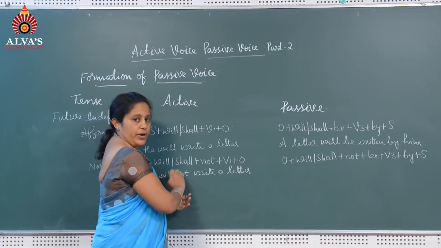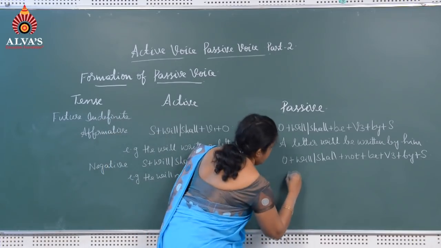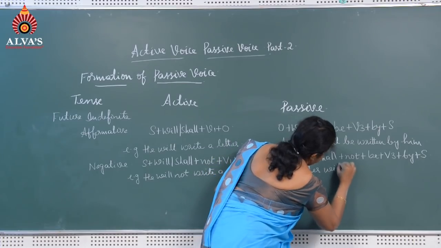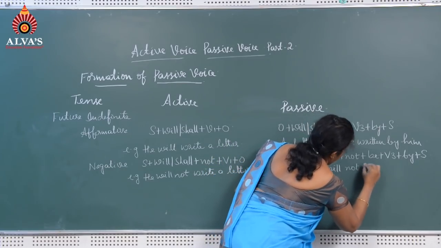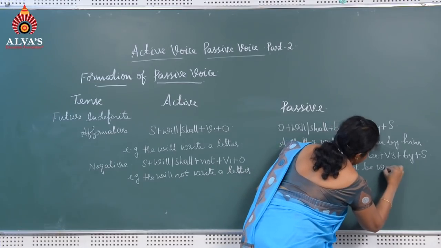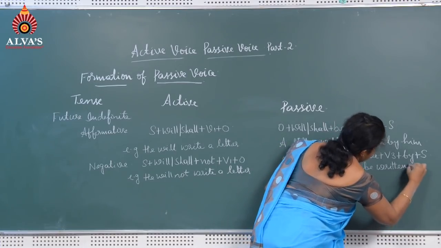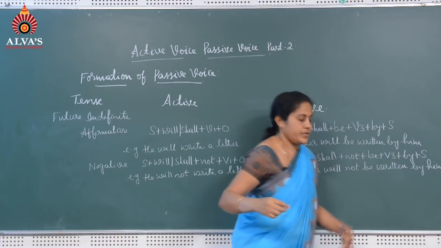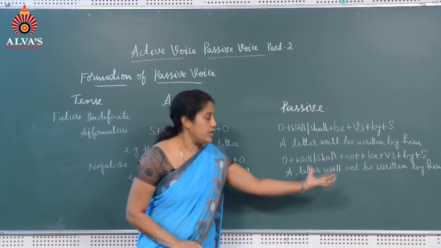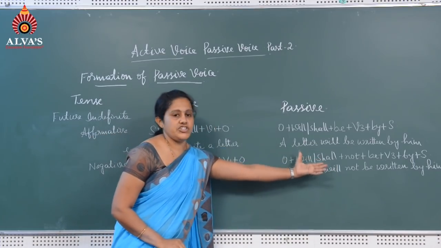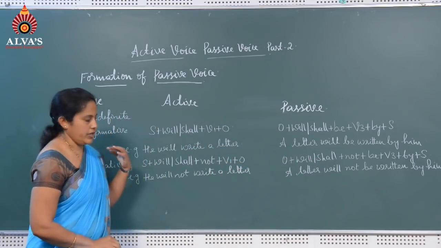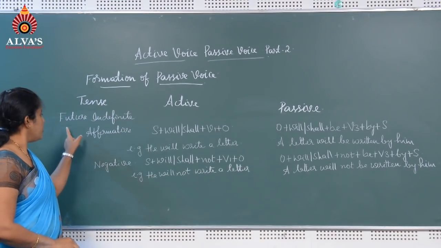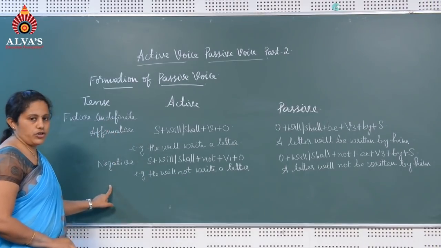When we change from active to passive, it becomes a letter will not be written by him. A letter will not be written by him. Okay. So, if we take a interrogative sentence, future indefinite interrogative sentence.